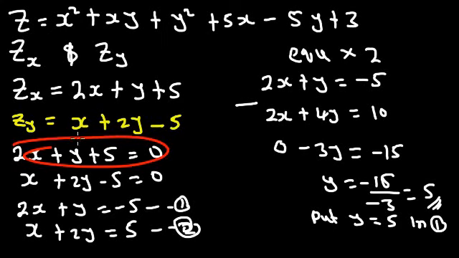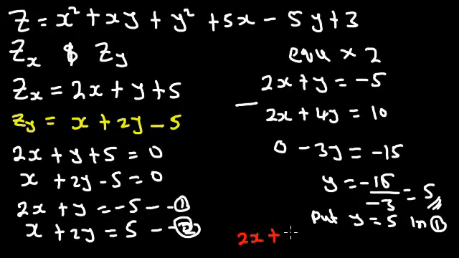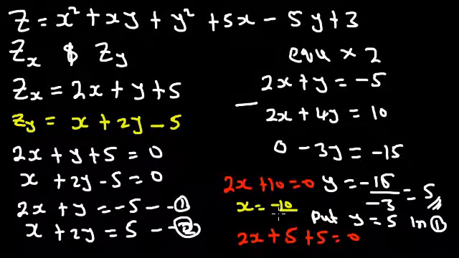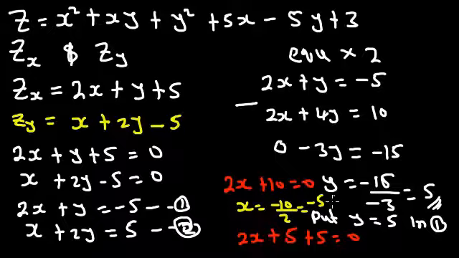We will have 2x plus y, which is 5, plus 5 equals 0. Adding this up, we have plus 10. Then we have 2x plus 10 equals 0. Proceeding forward, x should be minus 10 by 2, which is minus 5.